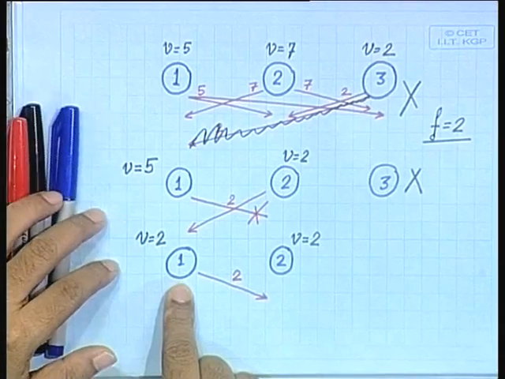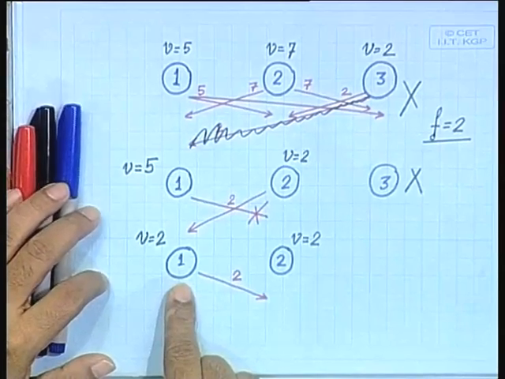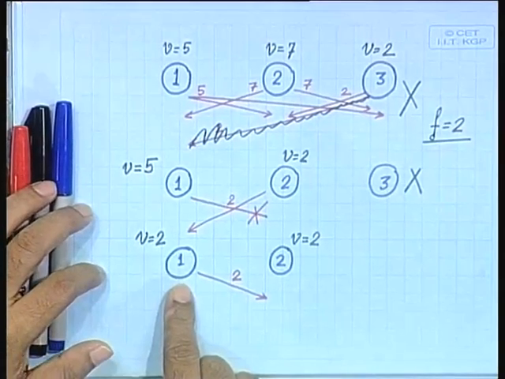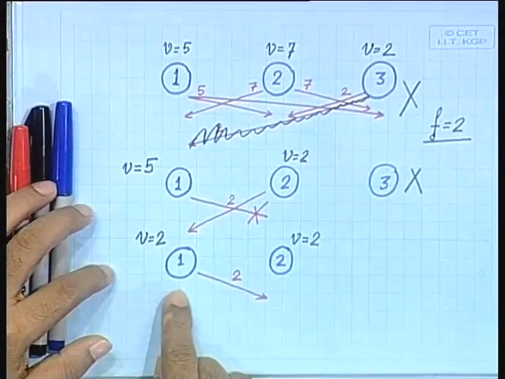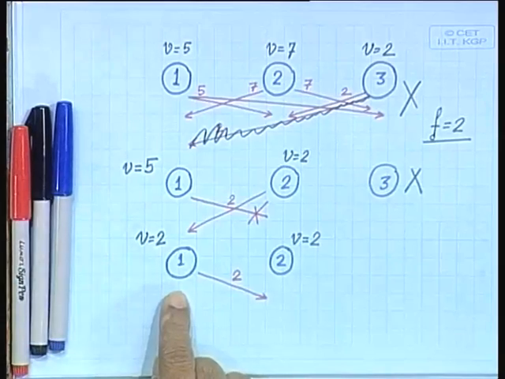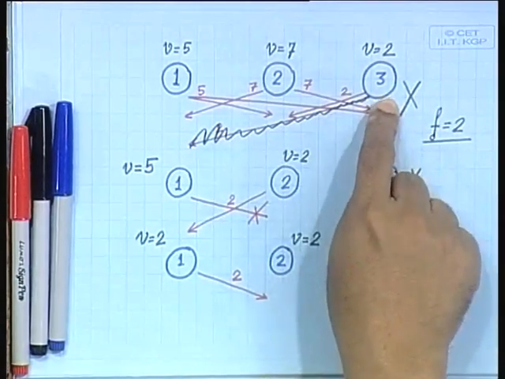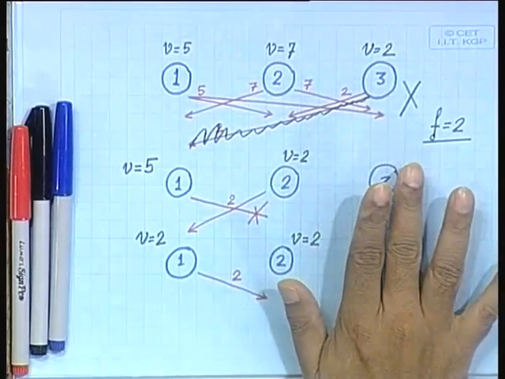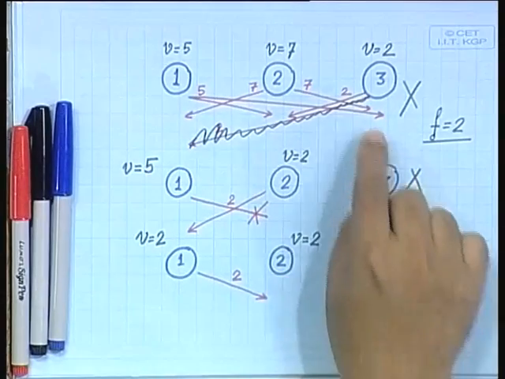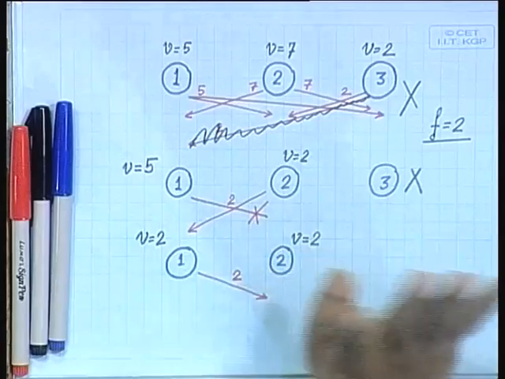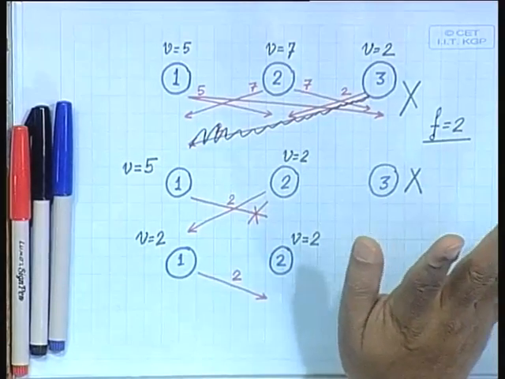So, because f is 2, we will have to go into the third round. No, again you are confusing. It is one process which has failed. So, there is one fault that has happened. F is not that. F is a parameter of the algorithm.